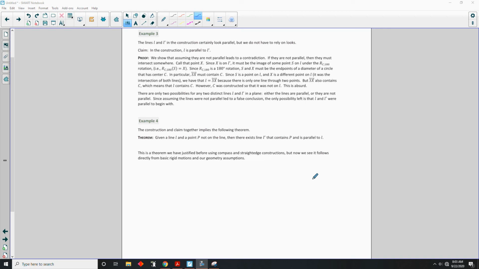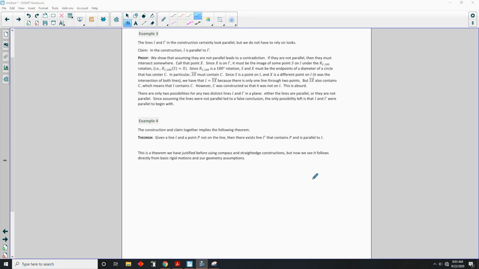Since the rotation about C 180 degrees is a 180 degree rotation, S and X must be the endpoints of a diameter of a circle that has center C. In particular, line SX must contain C.